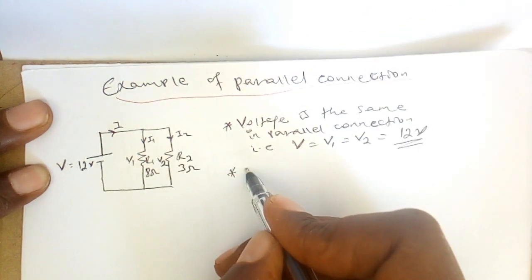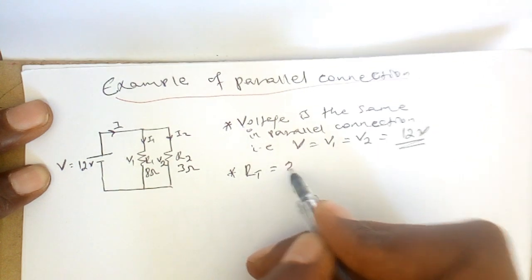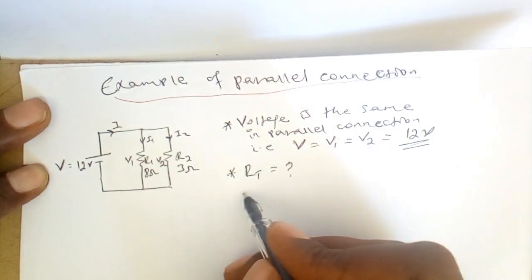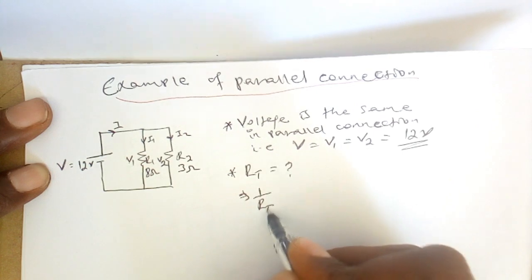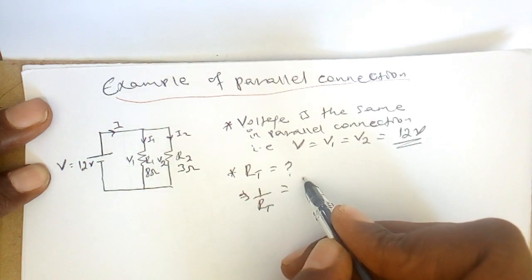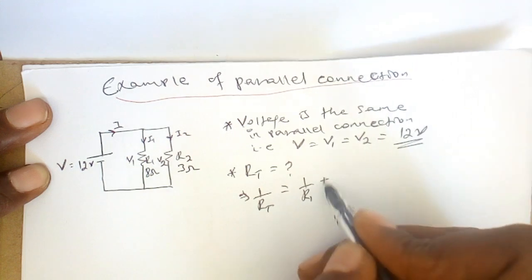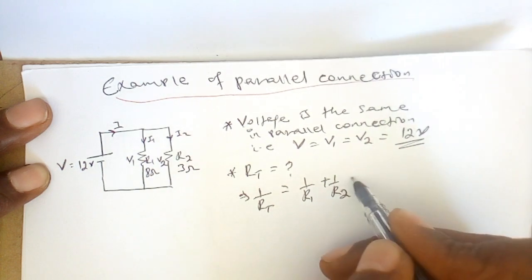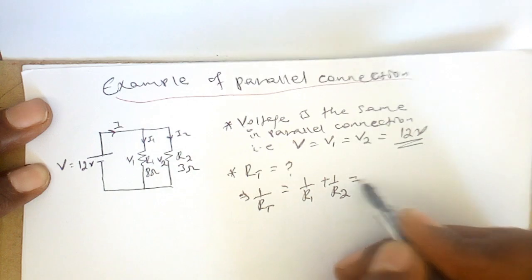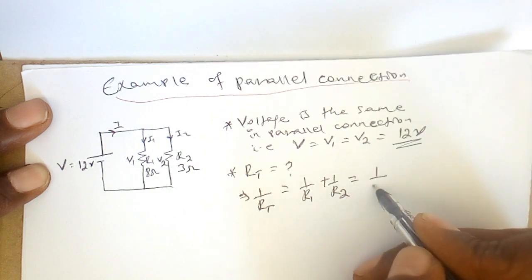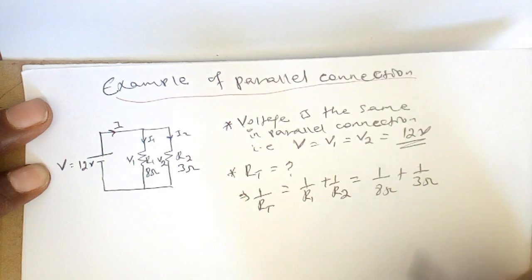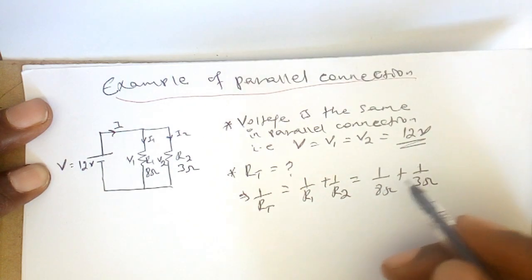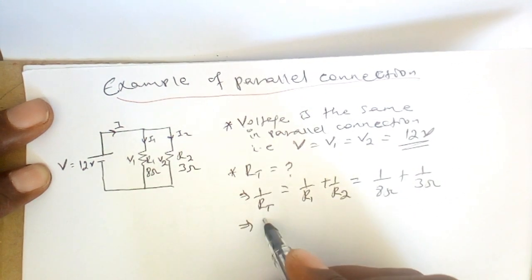This is from the given example. RT means total resistance. What will be the total resistance in parallel? To calculate the total resistance, 1 over R total is equal to 1 over R1 plus 1 over R2. R1 is 8 ohm in this example, and R2 is 3 ohm.